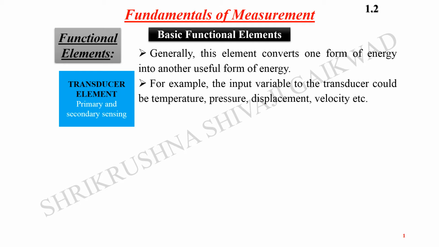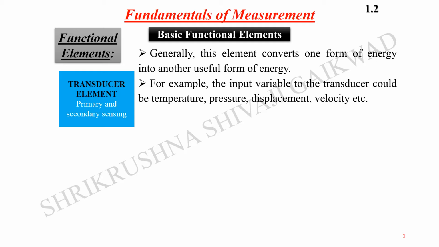We know that the transducer is the device which converts one form of energy into another form. Generally, these elements convert one form of energy into another, useful form of energy.